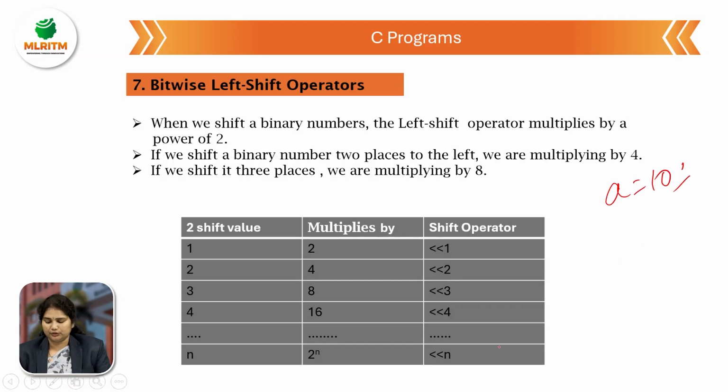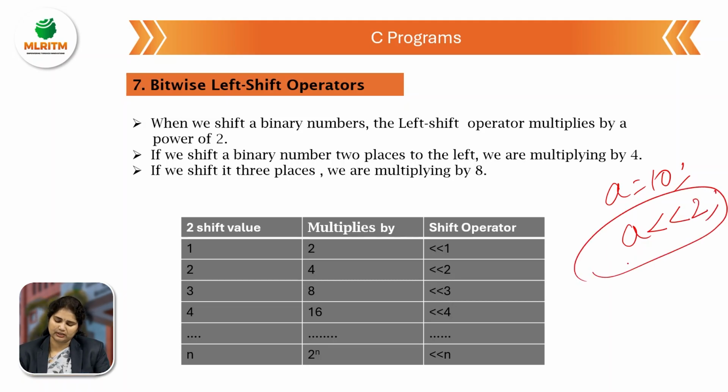Then A left shift 2 means what is the meaning of this? 2 bits we have to shift to the left side of this A. A is what? 10. 10 is converted into binary form, zeros and ones, and the bits are moved to the left.